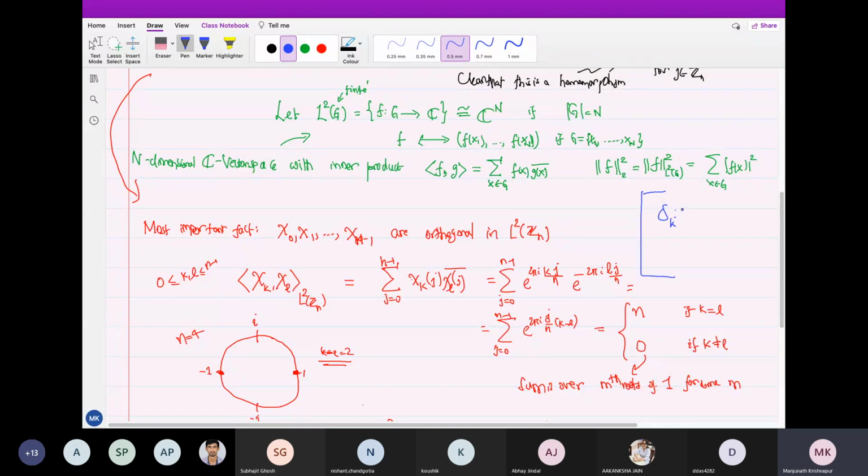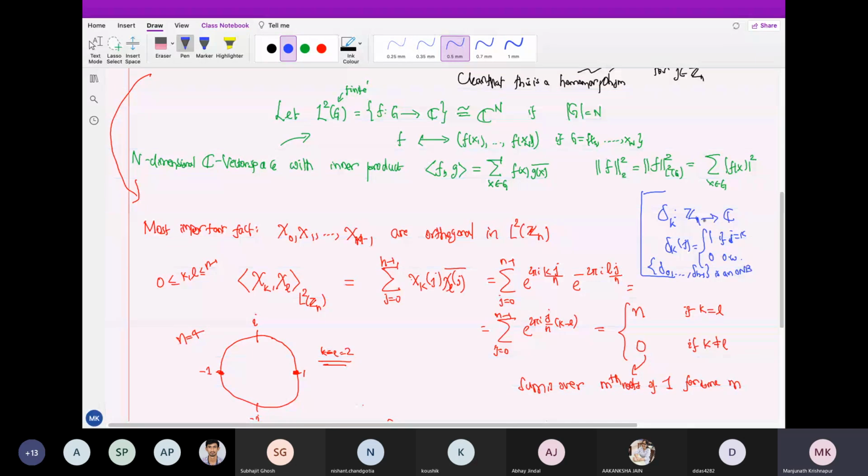Let delta k from Zn to C be defined by delta k of j is 1 if j is equal to k and 0 otherwise. Then delta 0 to delta n minus 1 is also an orthonormal basis.